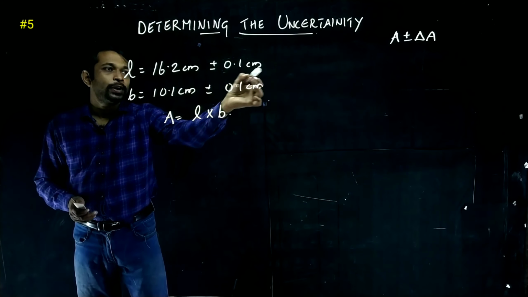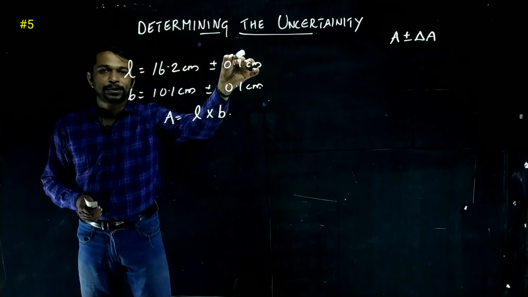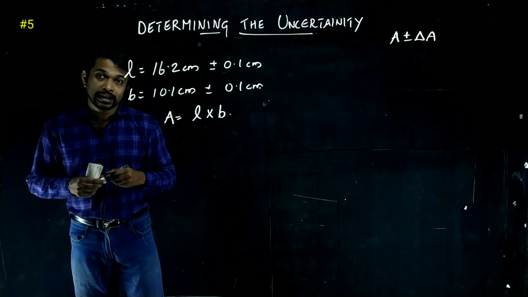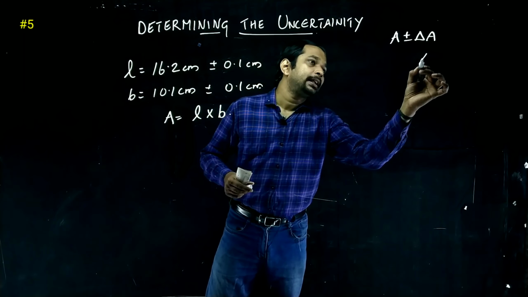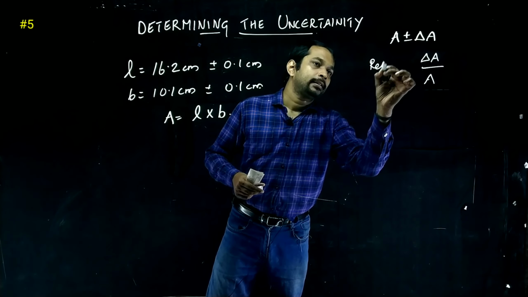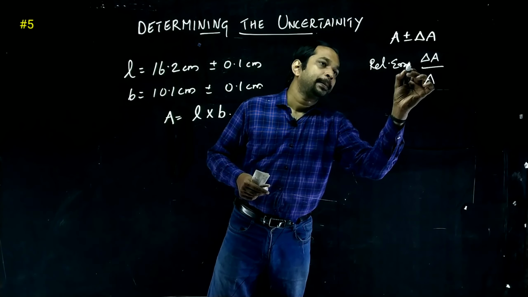Now, we have to convert this absolute error into relative error. And what is relative error? Relative error is delta A by A, right?